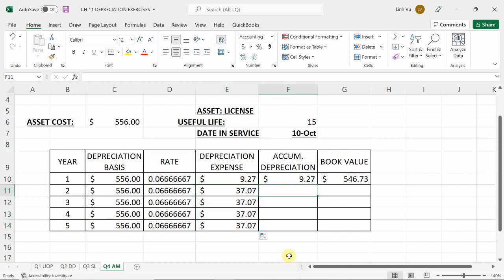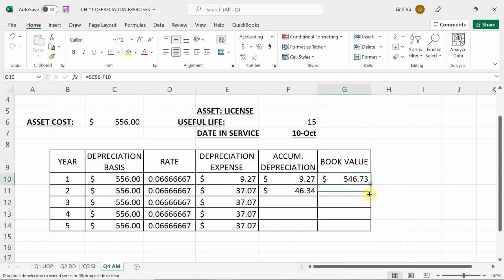So the only difference here is you just have to keep calculating the accumulated depreciation and the book value. In this case, what is my accumulated depreciation for the second year? $46.34. And your book value? $509.66.